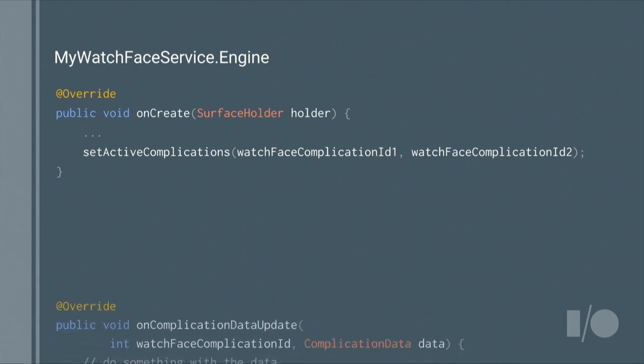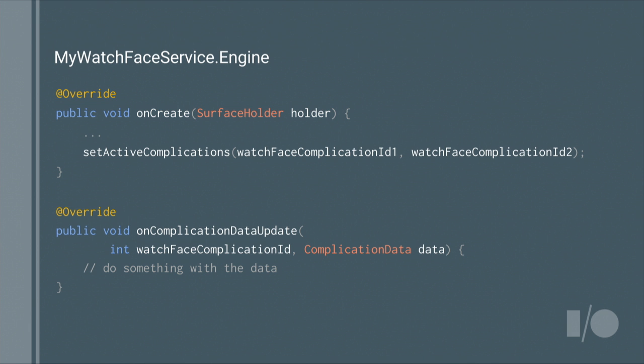Once you've done that, you will start to receive data in calls to the onComplicationDataUpdate method. The data will come with the watch face complication ID that it relates to. Now, you'll only receive data when it changes, so you'll have to hold on to the complication data object. And any images, such as icons, should be loaded asynchronously, and be sure to cache them.